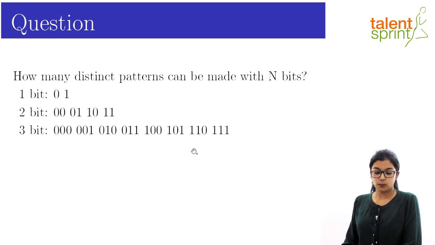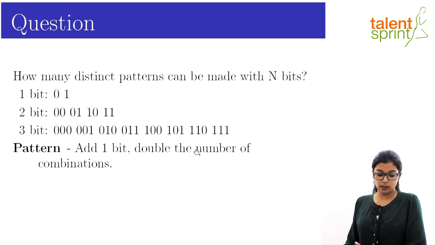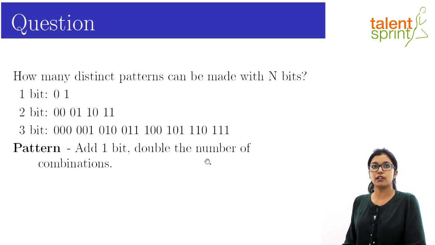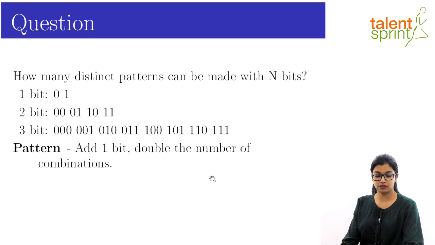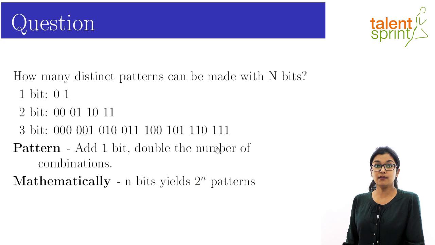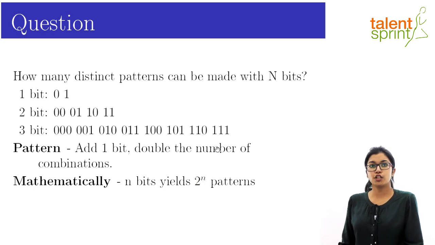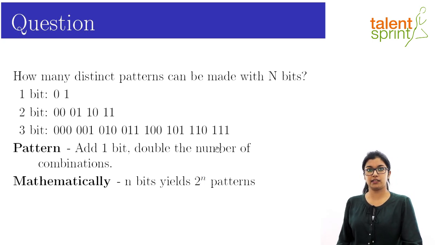So if we see what the pattern is, every time we add 1 bit, we are doubling our number of combinations. When we have 1 bit, our combinations are 2. Now we increase the bit by 1, our combinations get multiplied by 2. So if you convert this pattern to a mathematical equation, it can be said that n bits yield 2 to the power n patterns.